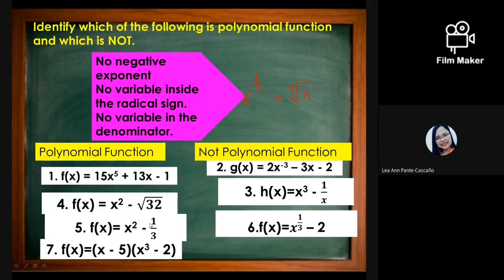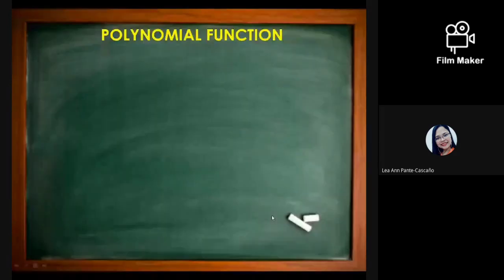There's no variable inside the radical sign, but then we have here a radical sign, but the radicand is not a variable. It's a constant. No variable in the denominator. There's no variable in the denominator in the given functions. So therefore, that is the difference between polynomial function and not polynomial function.